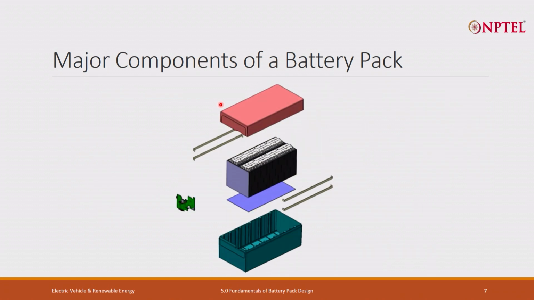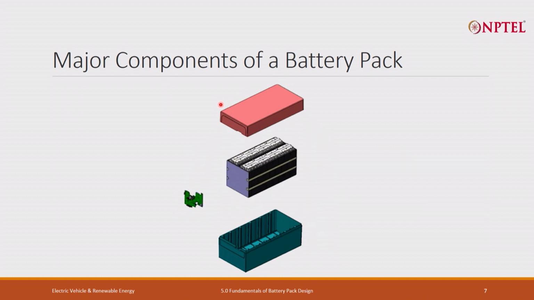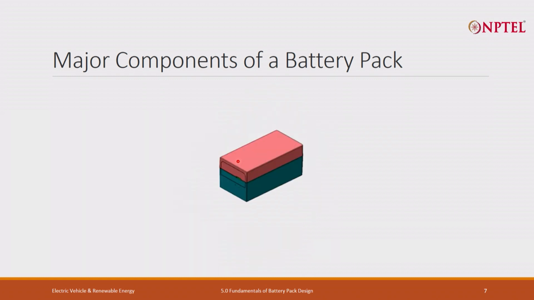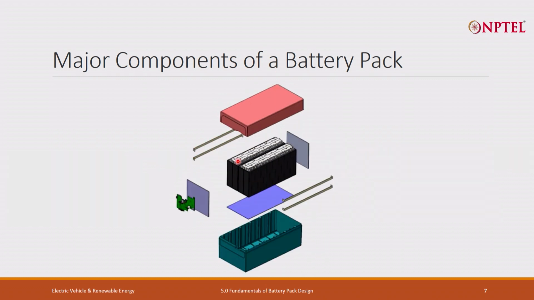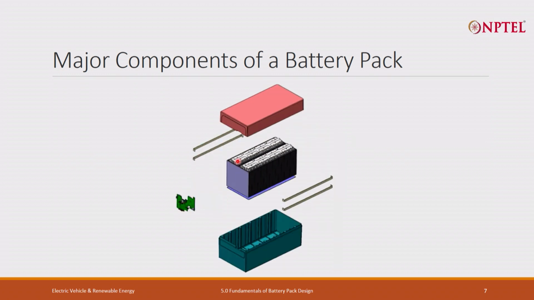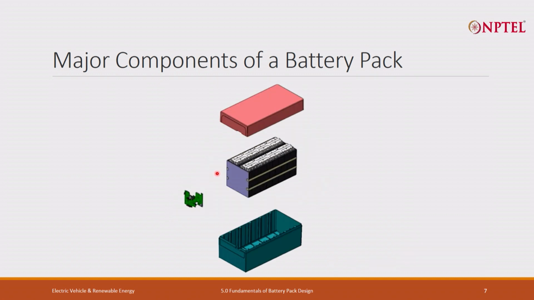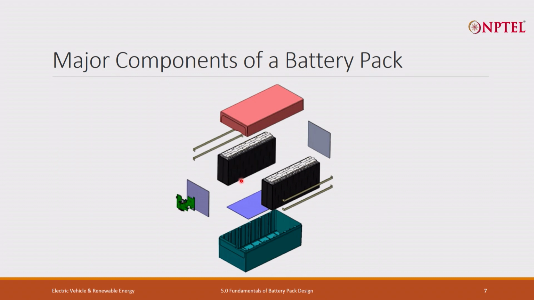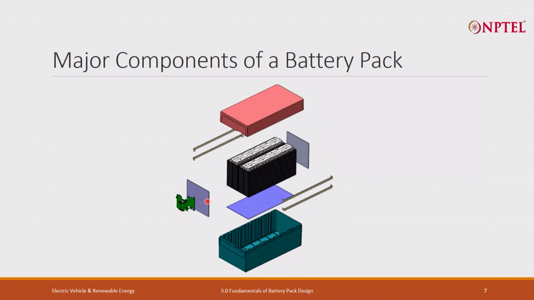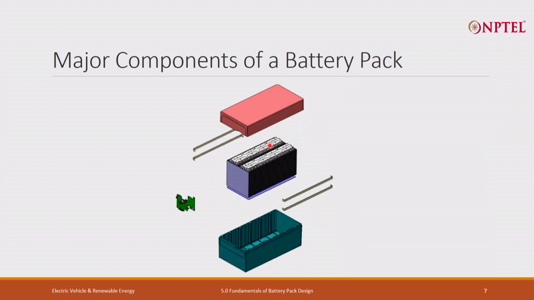So, you see here in this small video how the pack is getting assembled with each and every aspect. Initially, you make cells in parallel and series combination, put the bus bar, cover it in the plastic casing, put end plates, bottom plates, tie rods together, clamp all the things, fix the BMS and put it into the outer casing. Now, this battery pack is ready for use.